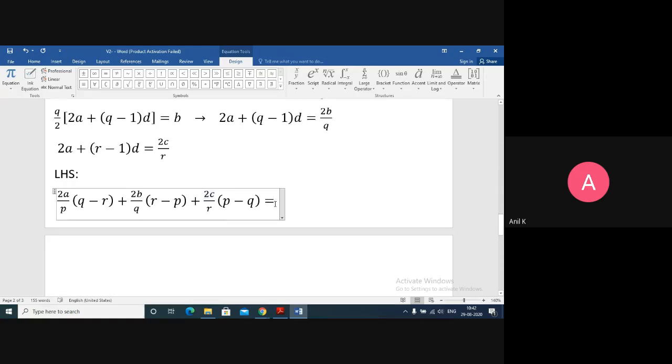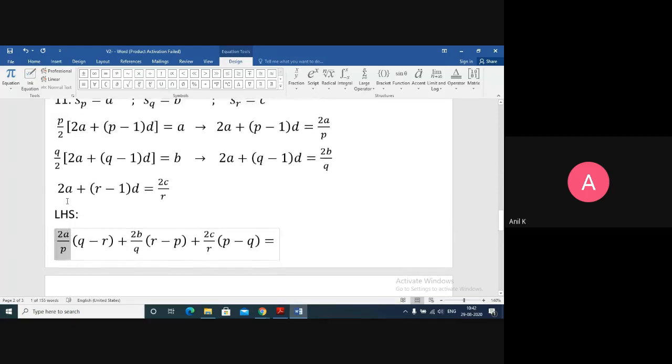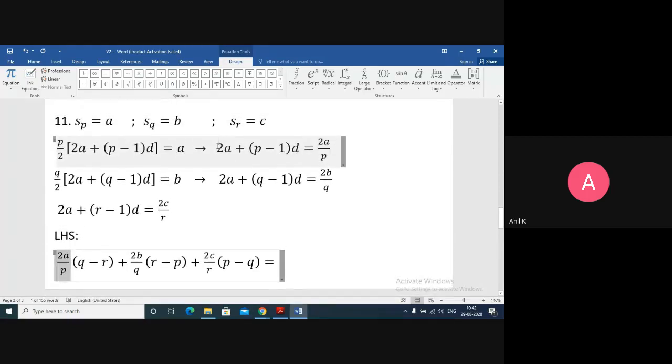Now you can replace this value. 2A upon P value is this one: 2A plus P minus 1 into D. Replace that value into Q minus R. It is going to be a little bit lengthy calculation. So 2A upon P into Q minus R, I will replace the 2A upon P value with P minus 1 into D.